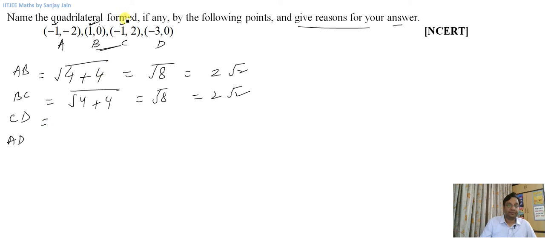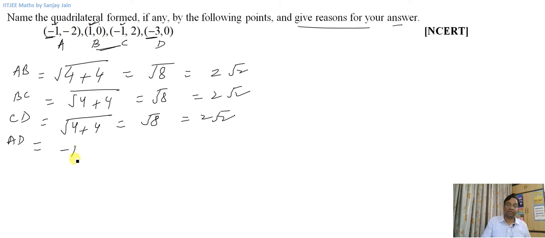CD: minus 1 minus of minus 3 which will become plus 2. 2 squared is 4. 2 minus 0, 2 squared is 4. So again it will give me the same length, that is 2 root 2. Okay, AD: minus 1 minus of minus 3 will give me plus 2.